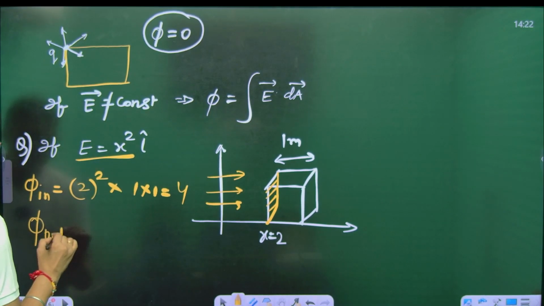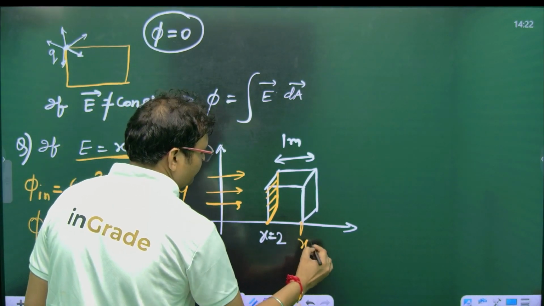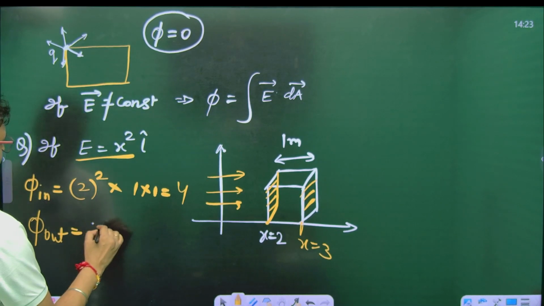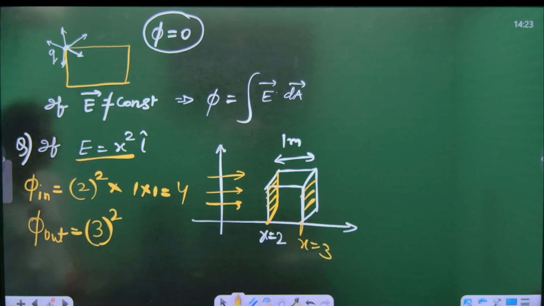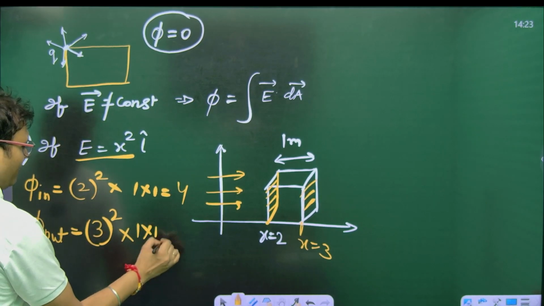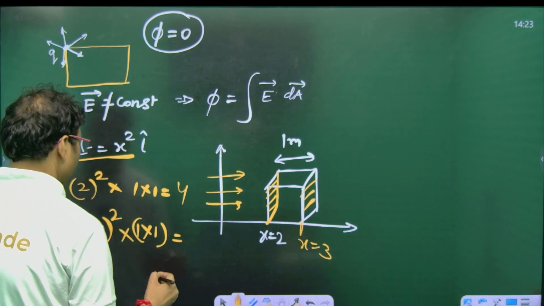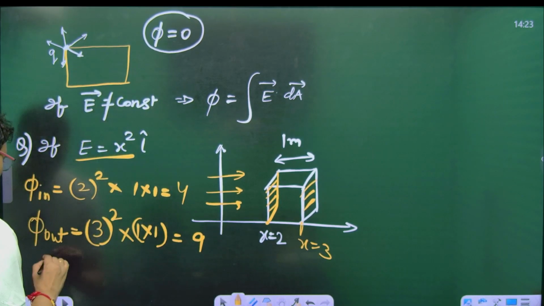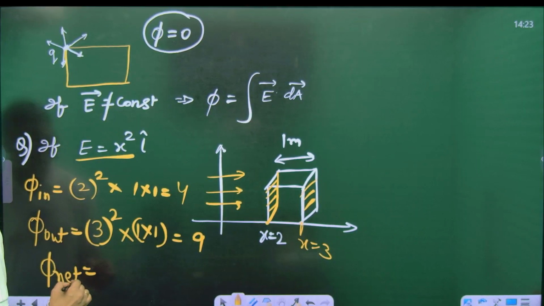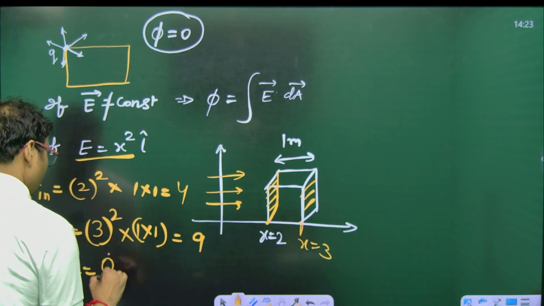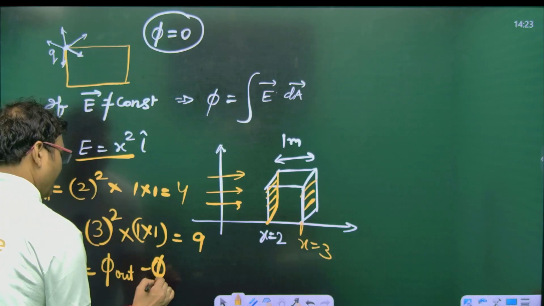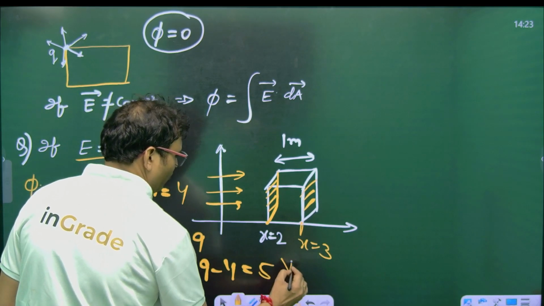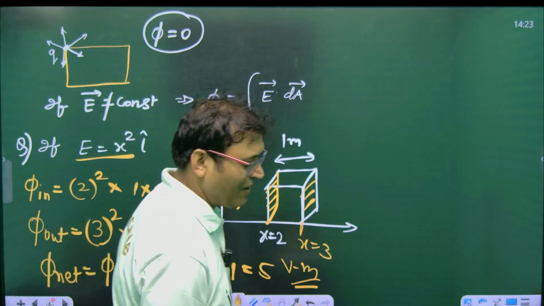Phi out, at x equal to 3, is 3 square into again 1 into 1, that is 9. So phi net will be phi out minus phi in, that is 9 minus 4, which is 5 volt meter.